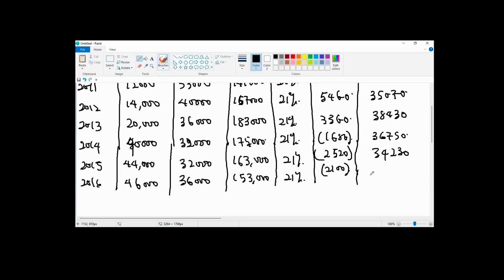It gives us a credit of 2,100. So that will be 32,130.